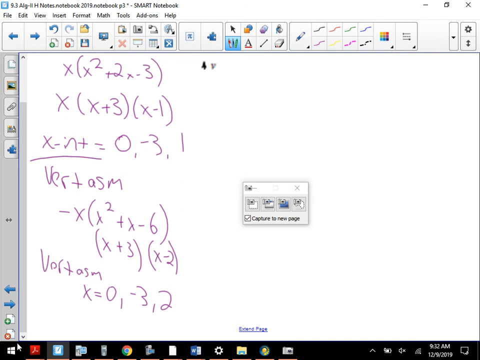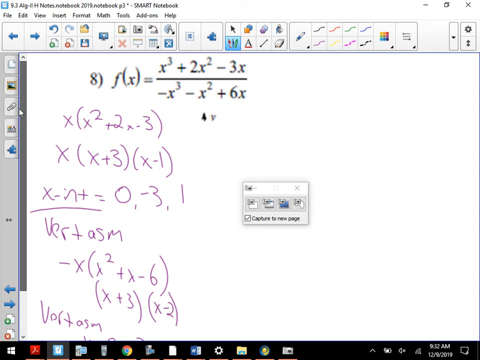From there, we've got our vertical asymptotes and our x-intercepts. What's our y-intercept going to have to be? Can I have a y-intercept on this one? No. I shouldn't, because if I put 0 in for x, I get 0 in my denominator. So my y-intercept doesn't technically exist. The only other thing I can do here is find my horizontal asymptote.